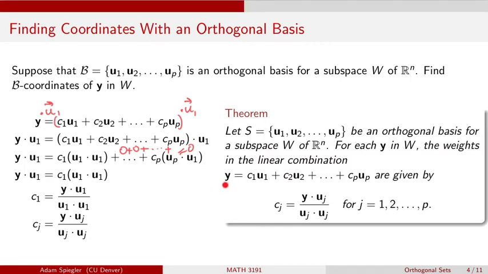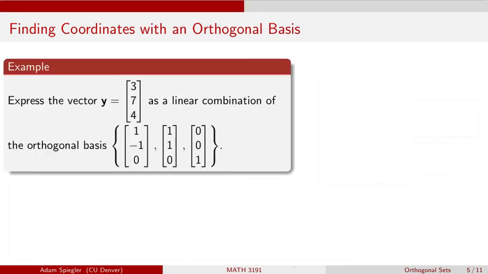When we choose these weights, we can find each of these weights by using this formula: the jth weight, c sub j, is equal to y inner product with uj divided by uj inner product with uj. So this gives us a really nice way of finding B coordinates. When we choose B to be an orthogonal basis, this process gets simplified quite a bit, and we have a nice shortcut to apply.